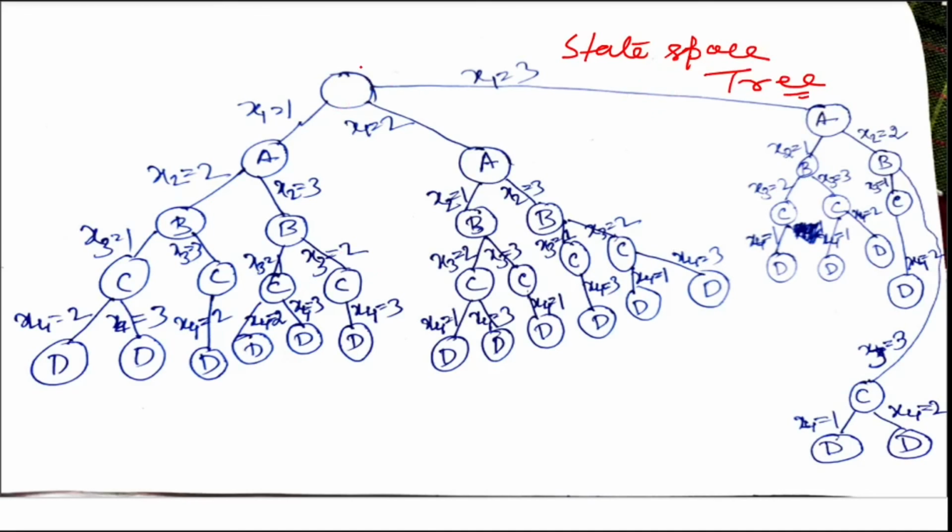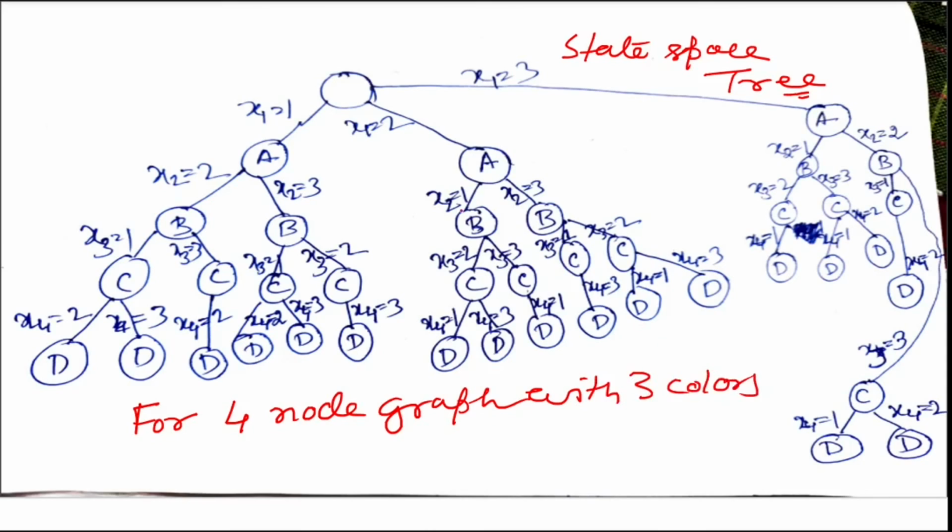For a 4-node graph with 3 colors, this is one unique solution. This path, 1, 2, 3, 4, 5, 6, 7, 8, 9, 10, 11, 12, and in total 18 solutions.